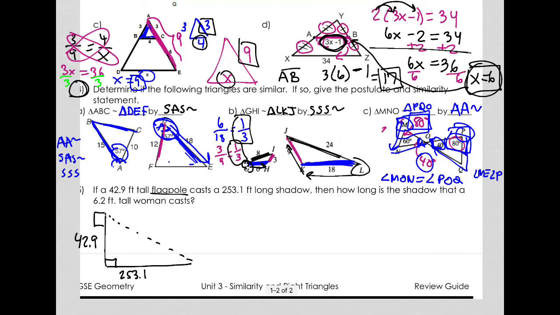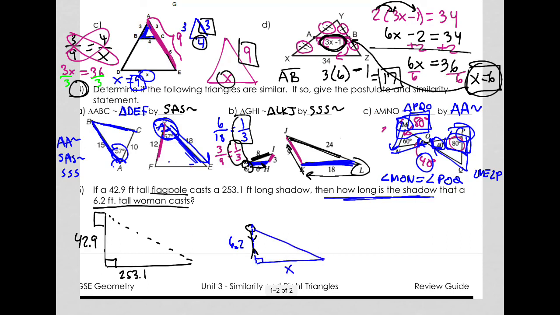And we want to figure out how long is the shadow that a woman casts. So we have a woman. Here's my woman. All right, she is 6.2 feet. Whoa, that's a tall woman. So she's 6.2 feet tall. And how long is the shadow? So we're looking for her shadow. So that's our X. And there is our right triangle with that one.